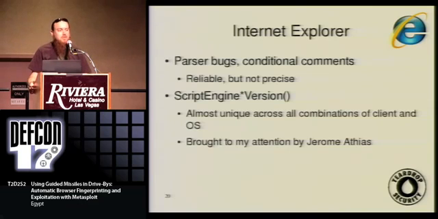The great thing about these three functions is they're almost unique across all combinations of OS and client. So if we have the output of these three functions, we can reliably and accurately determine not only the browser, but the browser version, the operating system it's running on, the flavor of operating system, so XP or 2000 or whatever, as well as the service pack level of the operating system.